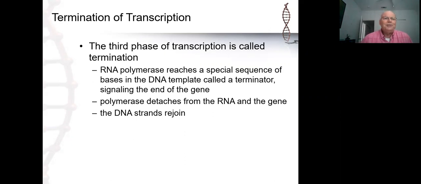It signals that this represents the end of the gene, that transcription should end, and that the polymerase should release from the DNA, and that the transcript, the RNA molecule, should also be released. And as that happens, the two nucleotide strands of the DNA snap back together again, and the DNA winds back up into the double helix and transcription is over.